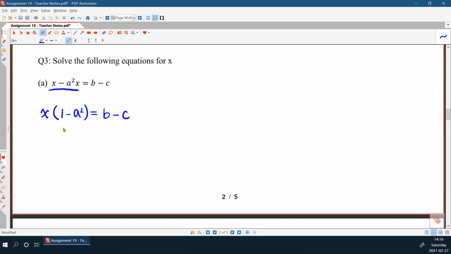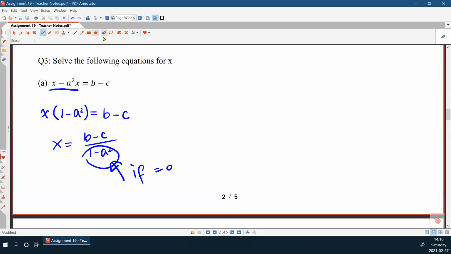And now you want to solve for x, right? So an intuitive thought would be x is (b minus c) over (1 minus a squared), right? This is the final result. But pay attention to this. If this one is 0, you cannot use it as denominator, right?